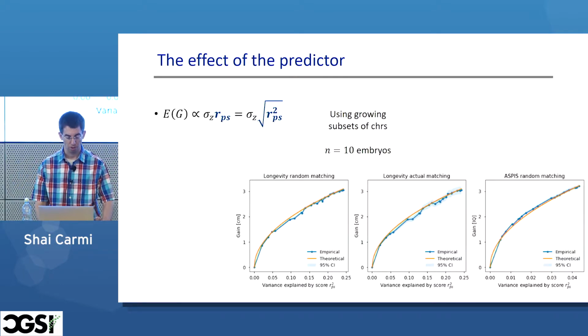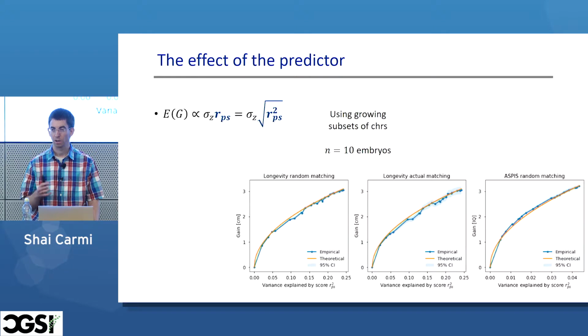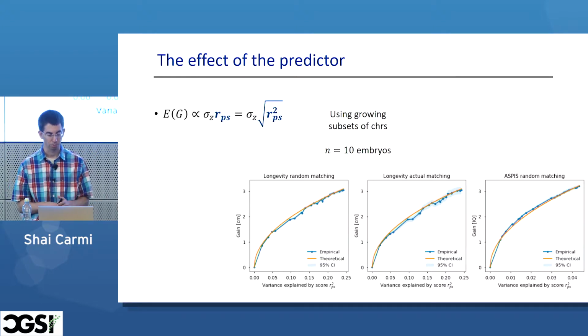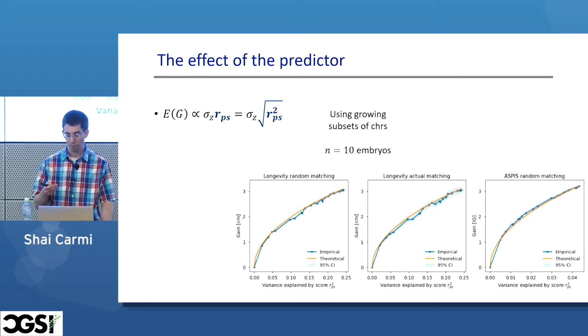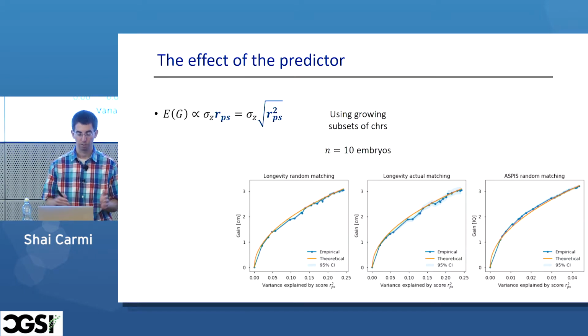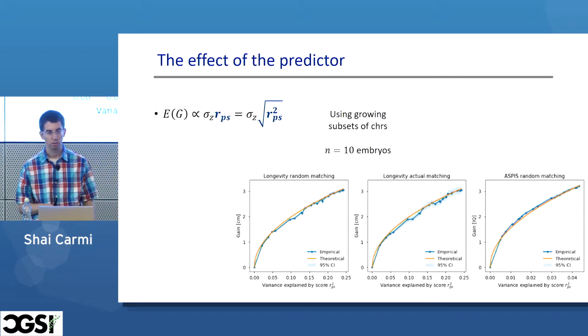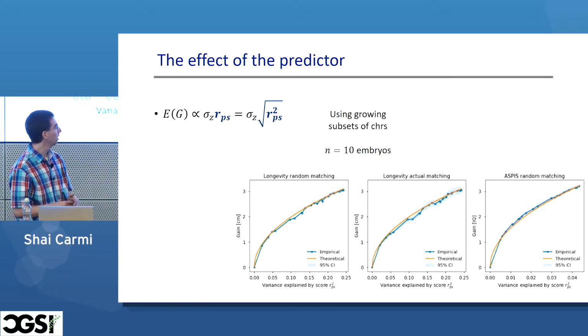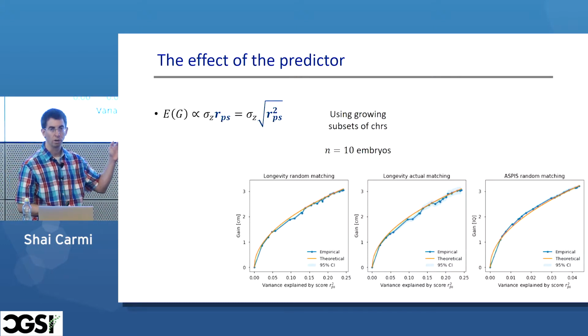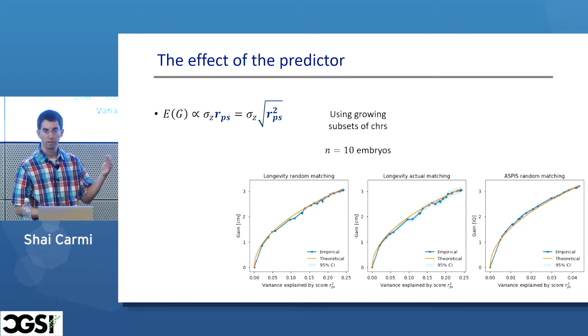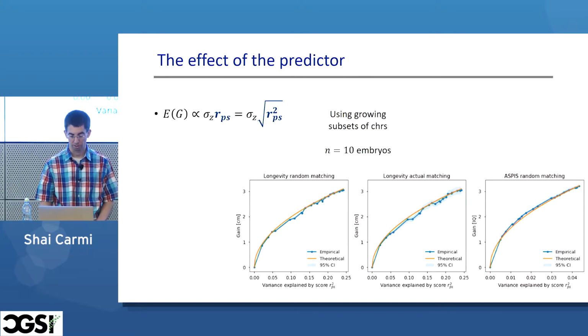Unless we simulate the trait from scratch, for height we cannot develop a better predictor, because we only have the best predictor that we have. So we actually used worse predictors by using only subsets of the chromosomes. We diluted the signal to get predictors of lower accuracy, and then we can see that indeed the gain increases as the square root of r squared, meaning the square root of the proportion of variance explained.